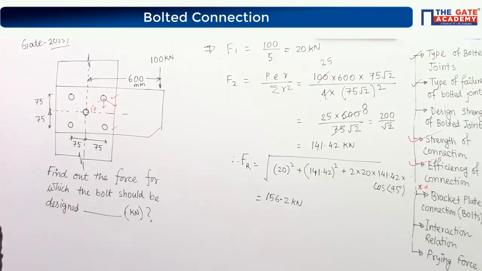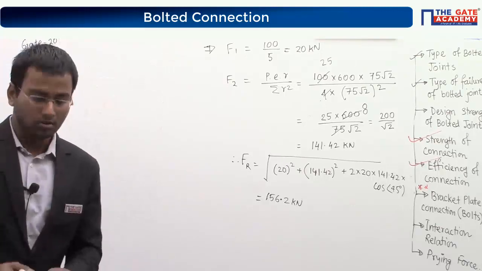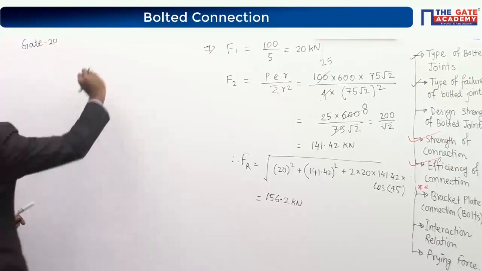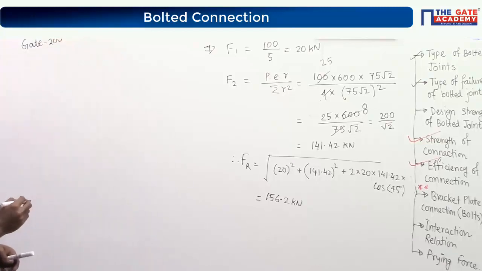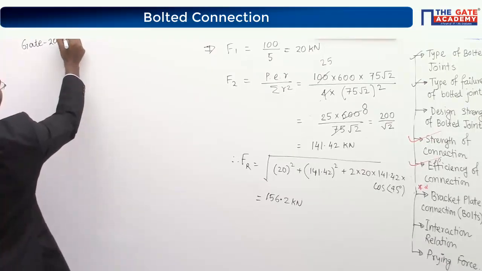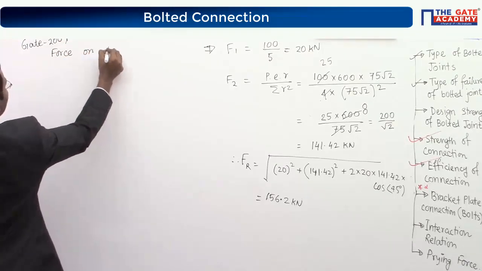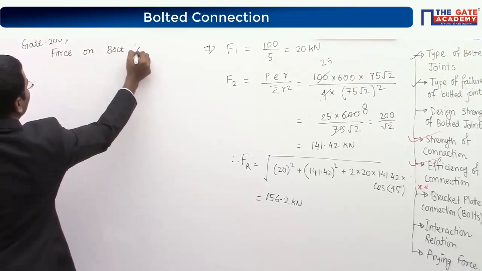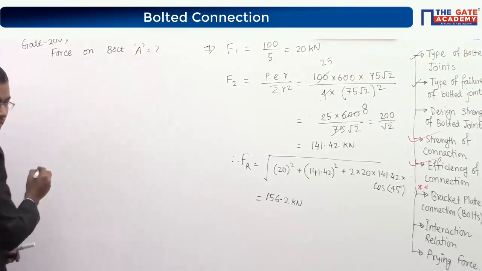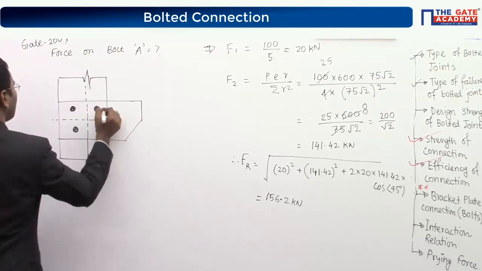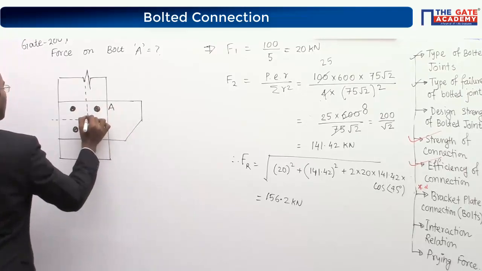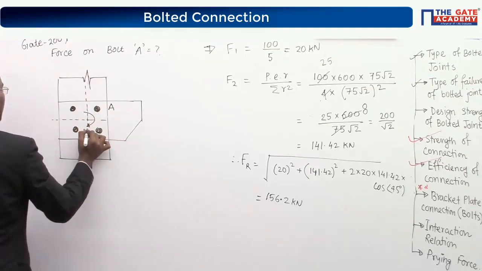Write down. Next question quickly. GATE 2004. Find out force on bolt A equal to question mark. So I am giving you the diagram. This is your bolt A, and there is a moment M applied here.